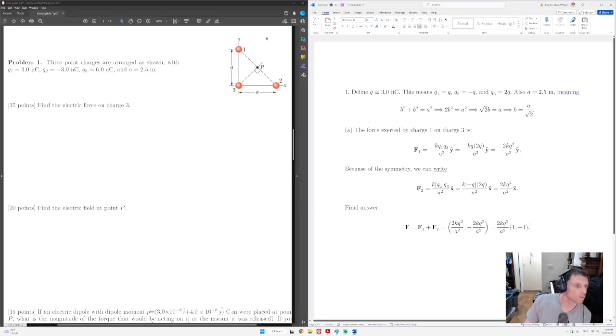Let me just make sure before I move on that I didn't make any mistakes here. So we want the force on charge 3. This should be a repulsive force. This should be an attractive force. I didn't accidentally write A or any power of A other than A squared, right?